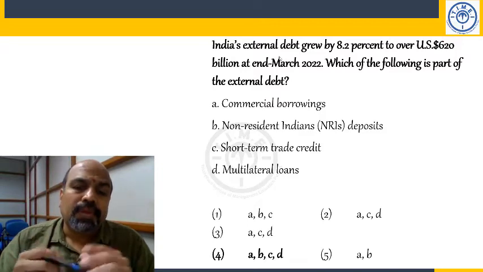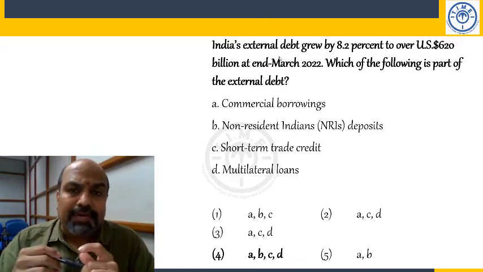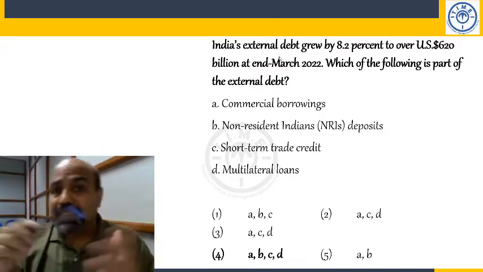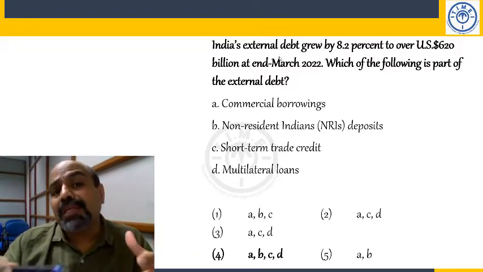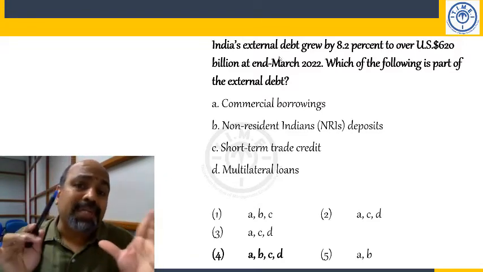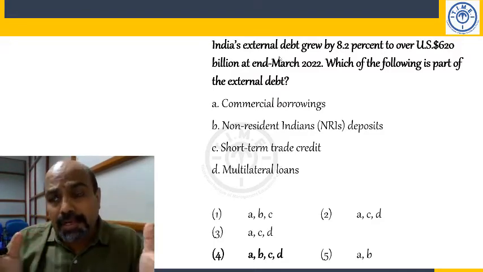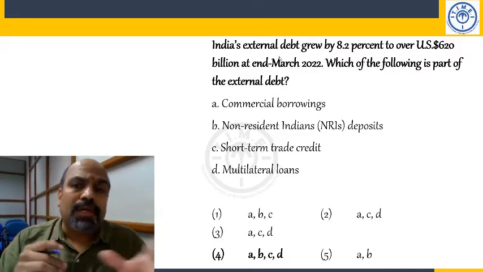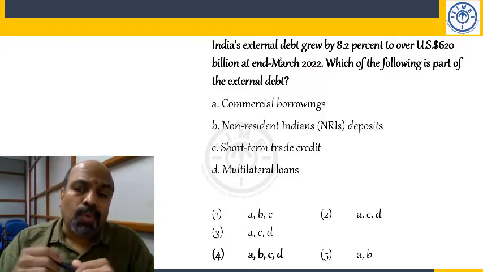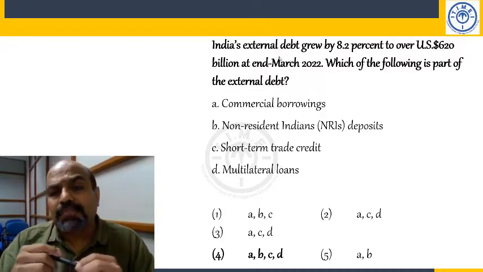Next, government borrowings. Central, state, all. So it's called general government. Remember, general government includes central and state. General government borrowings or general government debt, $120 billion.